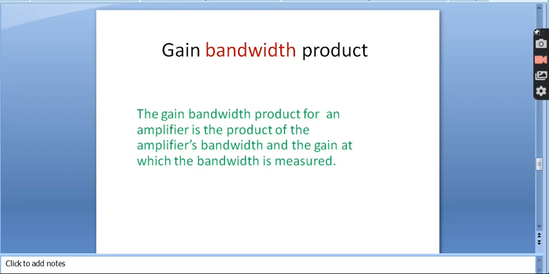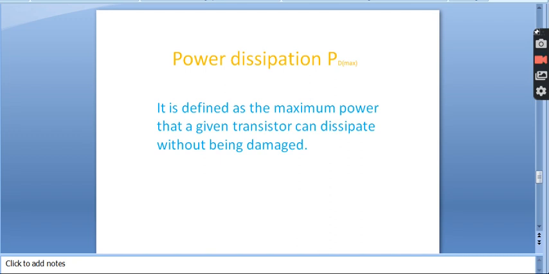Now go for the next specification of a transistor, that is power dissipation, PD maximum. Why do we go for power dissipation? It is defined as the maximum power that a given transistor can dissipate without being damaged. That means when we apply power to the transistor, it has the maximum capability to dissipate the power without being damaged.